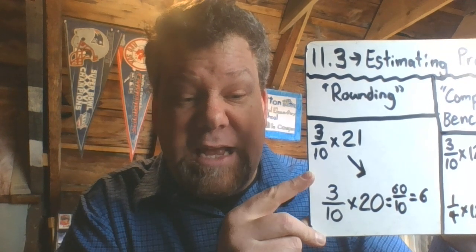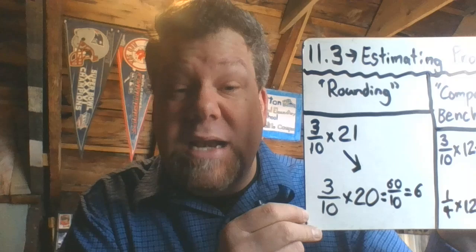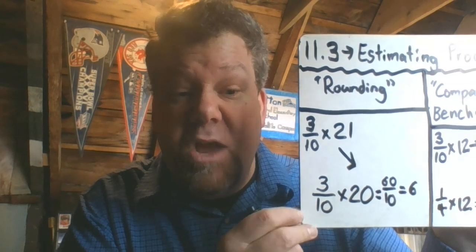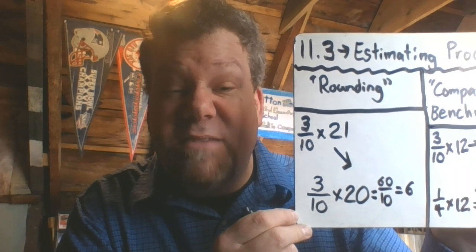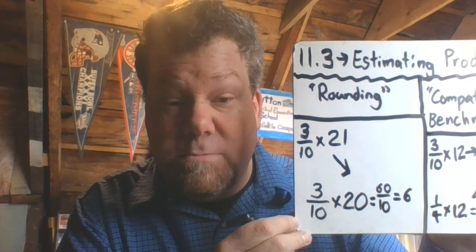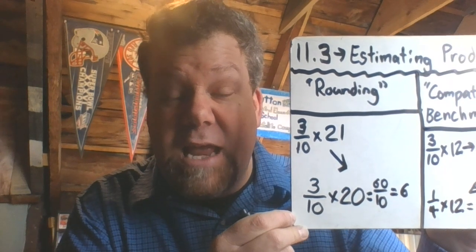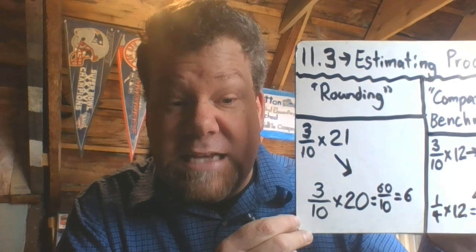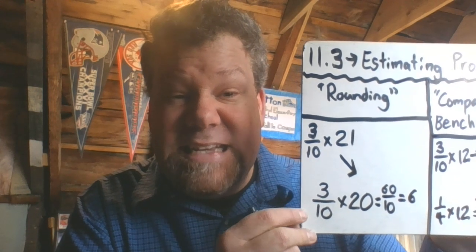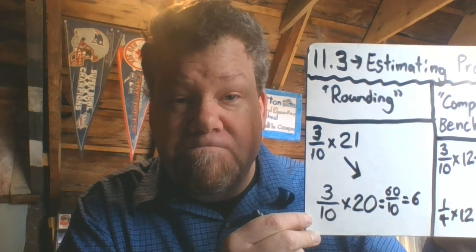When we estimate, we go 3/10 times 20 instead of 21. Well, 3 times 20 is 60. We keep the denominator the same. We have 60 tenths. And 60 tenths equals 6, because it's 60 divided by 10. That equals 6. Wasn't that nice? We made the problem by estimating into a nice, easy problem.